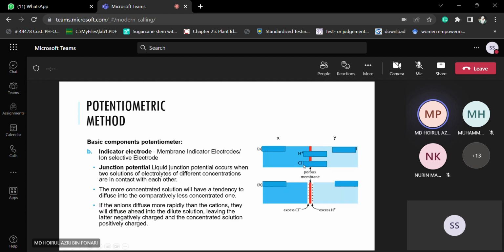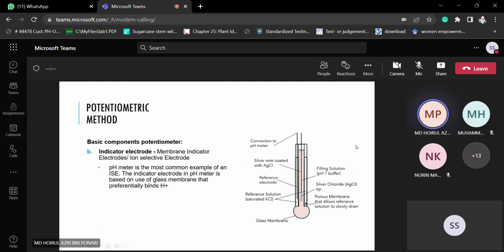Sebab apa berlaku junction potentials? Sebab ada different gradients of ions. The different positive and negative ions, dia akan membolehkan electrical current to pass through. Dia akan jadi conductor dekat sini sebab ada different junction potentials.